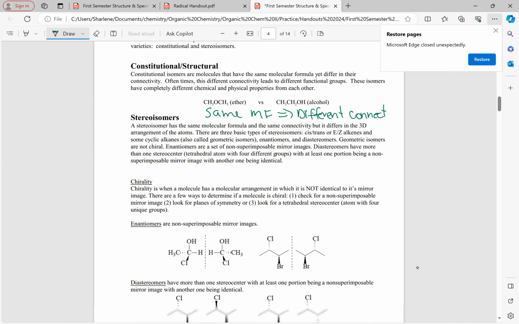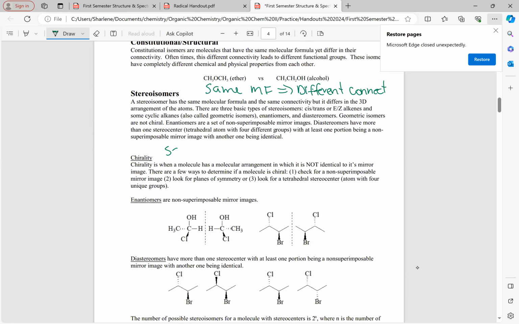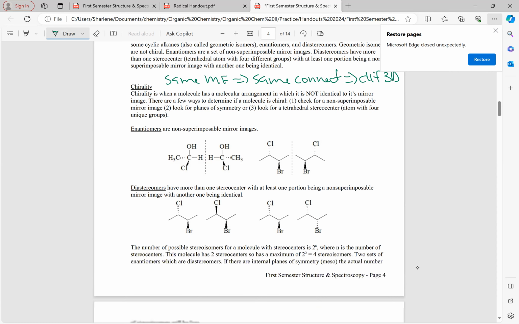Whereas stereoisomers have the same molecular formula and the same connectivity, but they have different 3D connections.